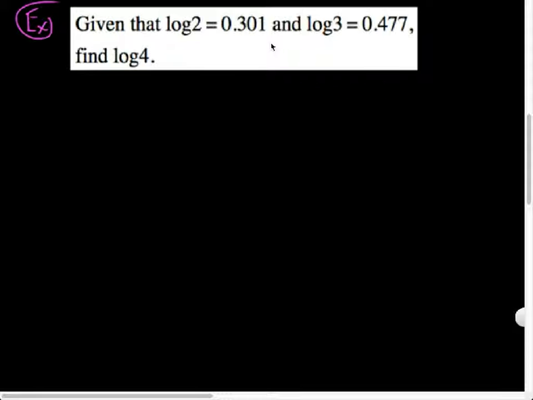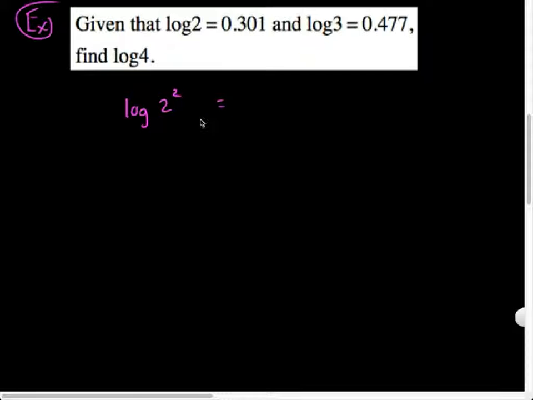So log 4, if I wanted to calculate that, and I didn't have a calculator, but I had these 2 previously known facts, well, I might be like, wait a minute, log 4, I could think of that as the same as log of 2 squared, right? Because 2 squared is 4.